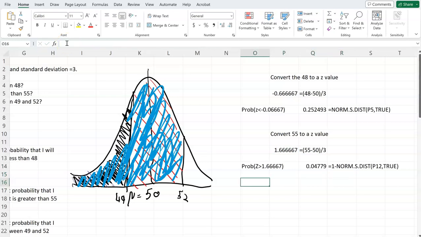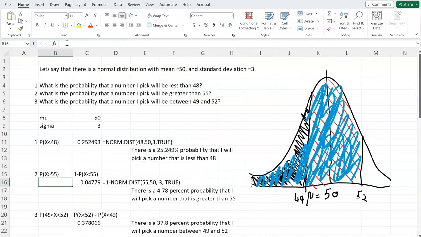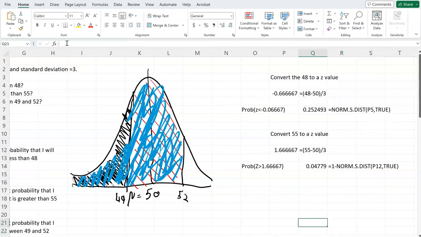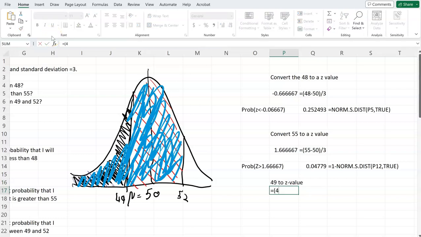And the same thing is if I had the probability between 49 and 52, I have to convert those two numbers to z-values. So 49 to a z-value is equal to 49 minus 50 divided by 3, and 52 to a z-value is that number.